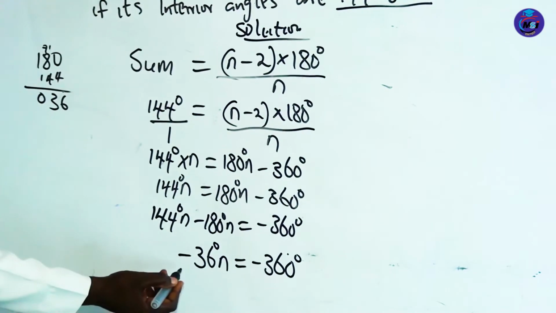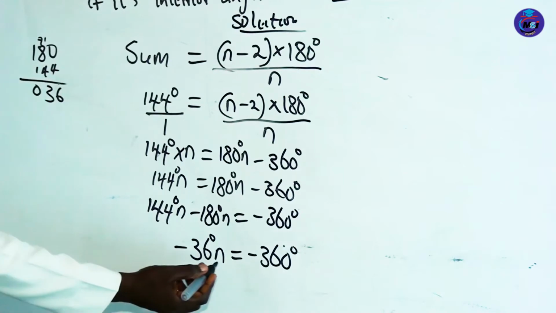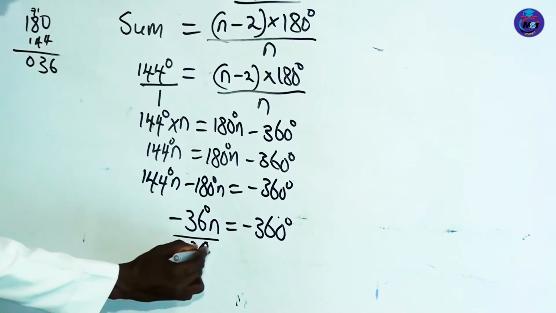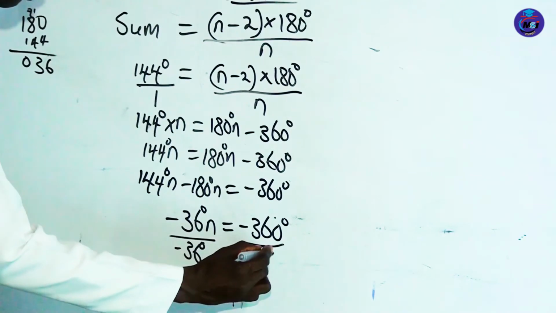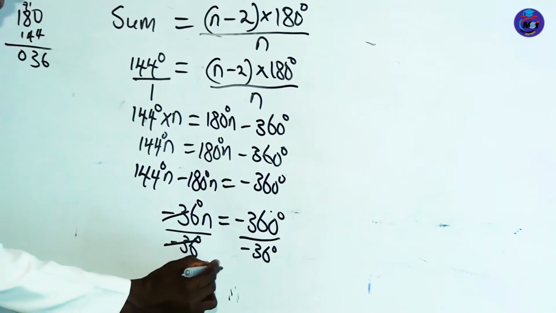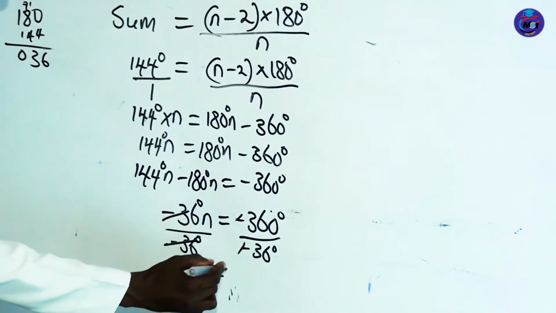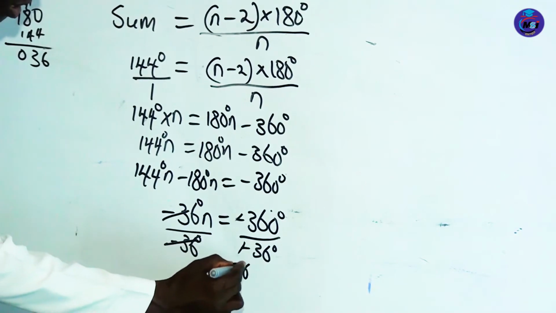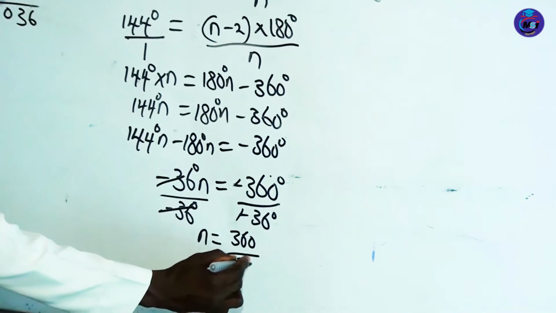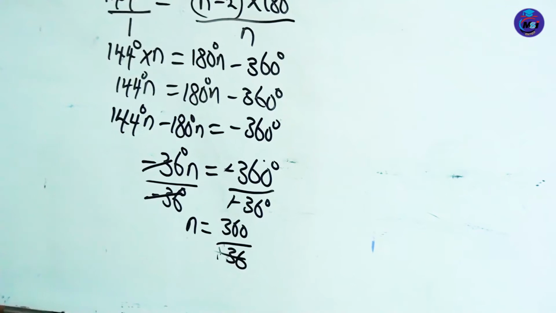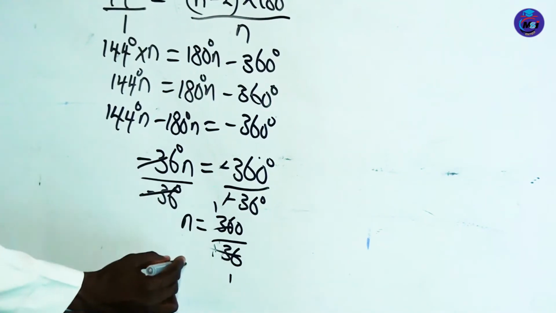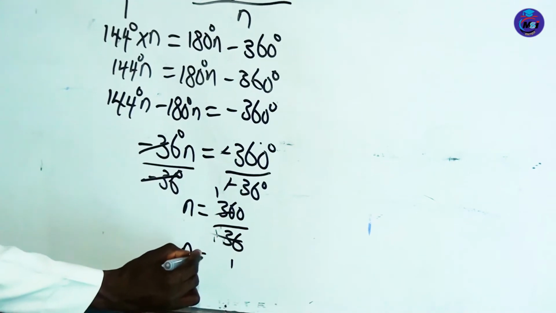So you divide both sides by minus 36. We cancel the minus. You have 360 all over 36. 36 in 36, 1. So n will give you 10.